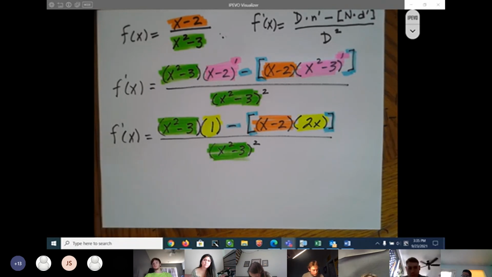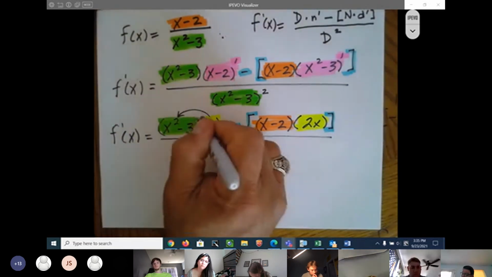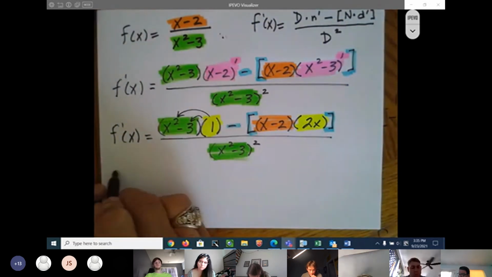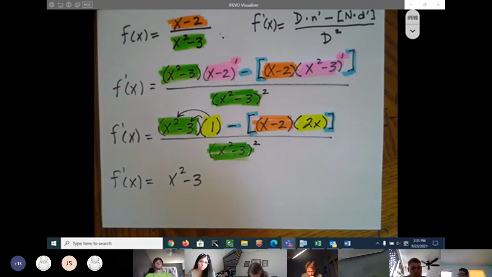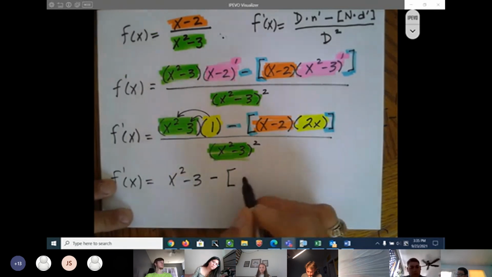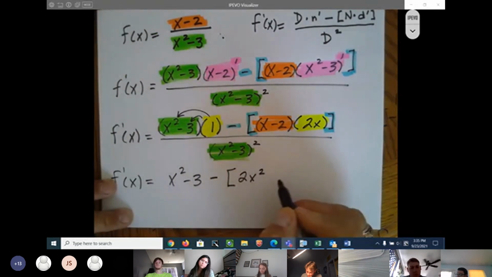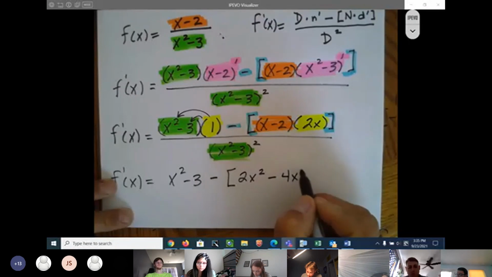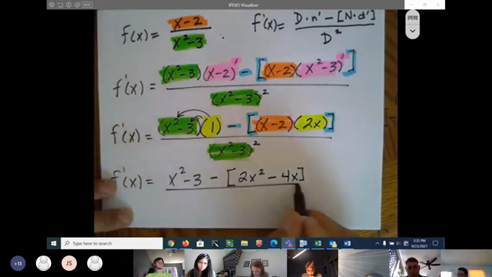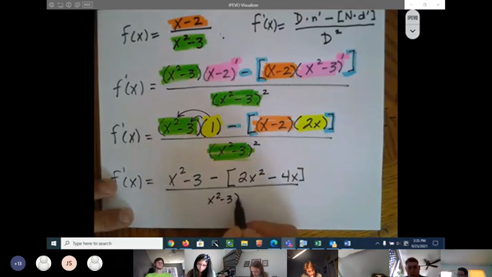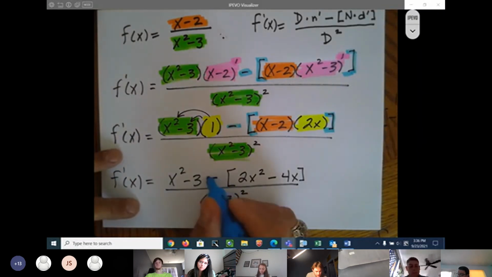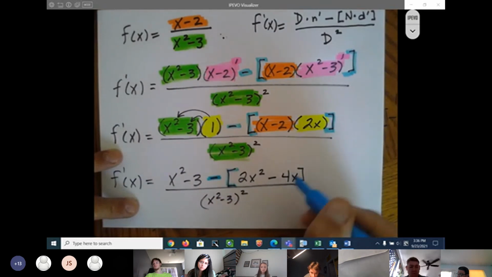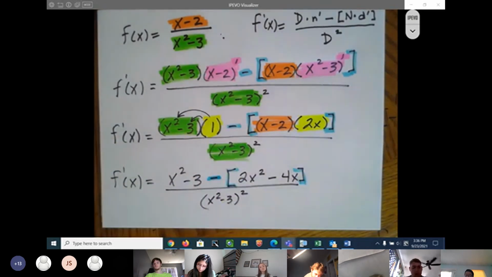So this distributed here will give me f prime of x is equal to x squared minus 3 minus parentheses 2x squared minus 4x all over x squared minus 3 quantity squared. And now that blue negative is going to affect these two terms right here.